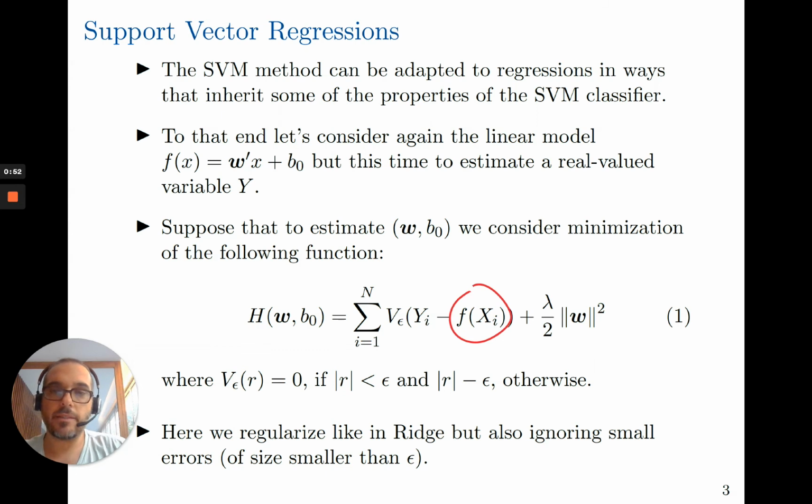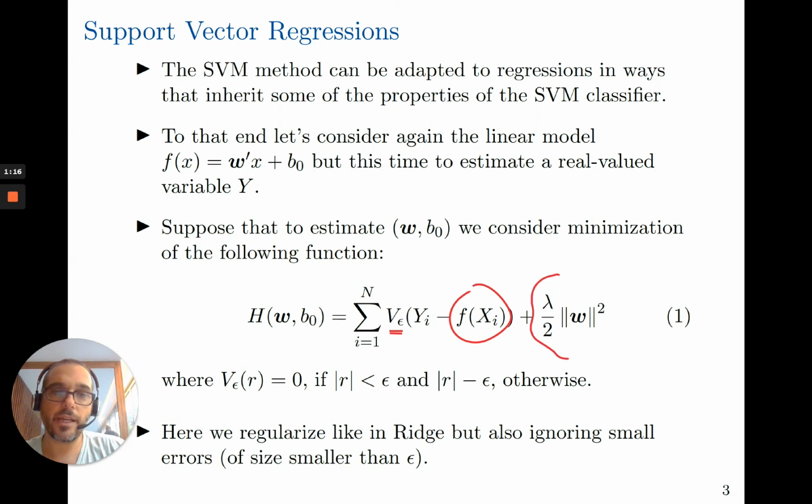But the idea is that we are using a different cost function that's called the epsilon-sensitive function, where this function will be 0 if r is less than or equal to epsilon, or be the absolute value of the argument r otherwise, okay?